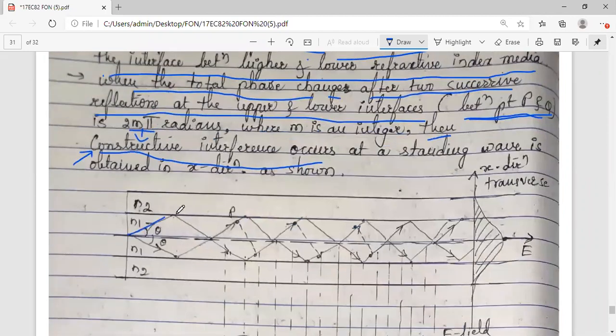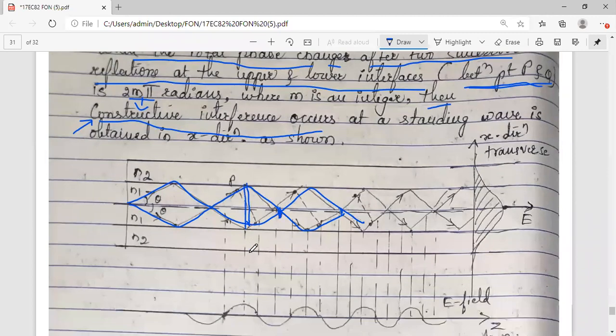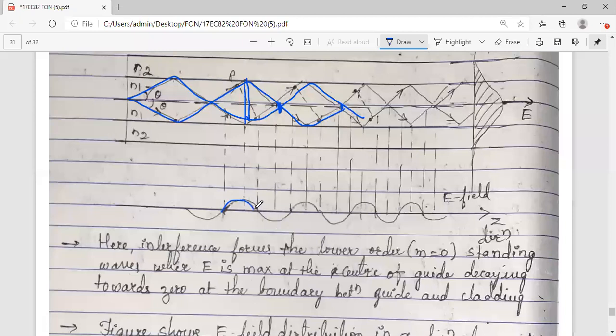See here. Whenever a wave is traveling, how does constructive interference happen? These are the maximum values, right? And these are the minimum points. So the maximums get added, and during that you will get the wave. And there is a minimum here, negative you have got.